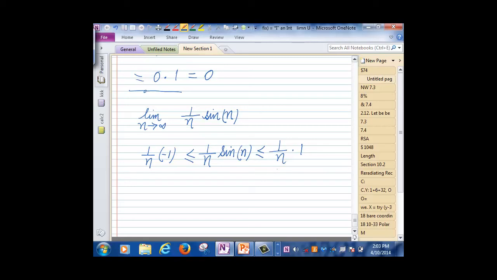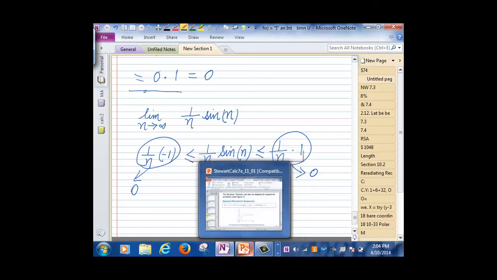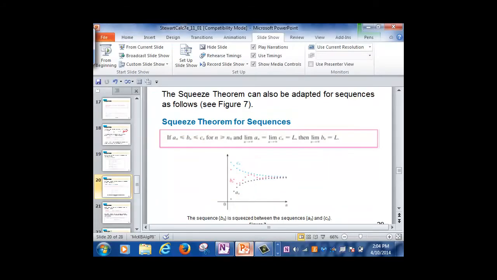Now notice that the upper bound 1 over n has limit 0, because as n goes to infinity, the limit is 0. This lower bound also has limit 0, right? So that forces the limit of the middle to be 0 as well. Okay? Any questions on that? I'm pretty sure you saw a similar example in Calc 1. You might have forgotten, but you definitely have seen an example like that.